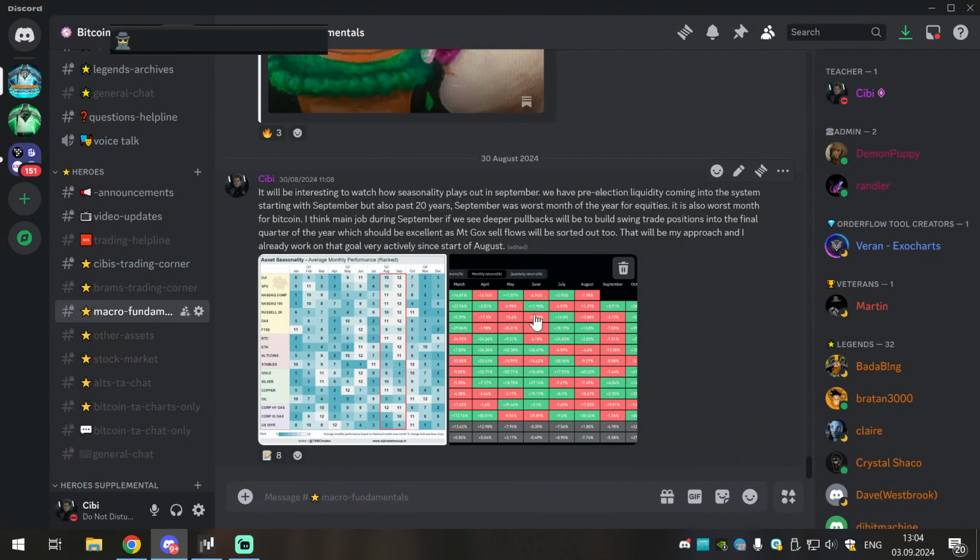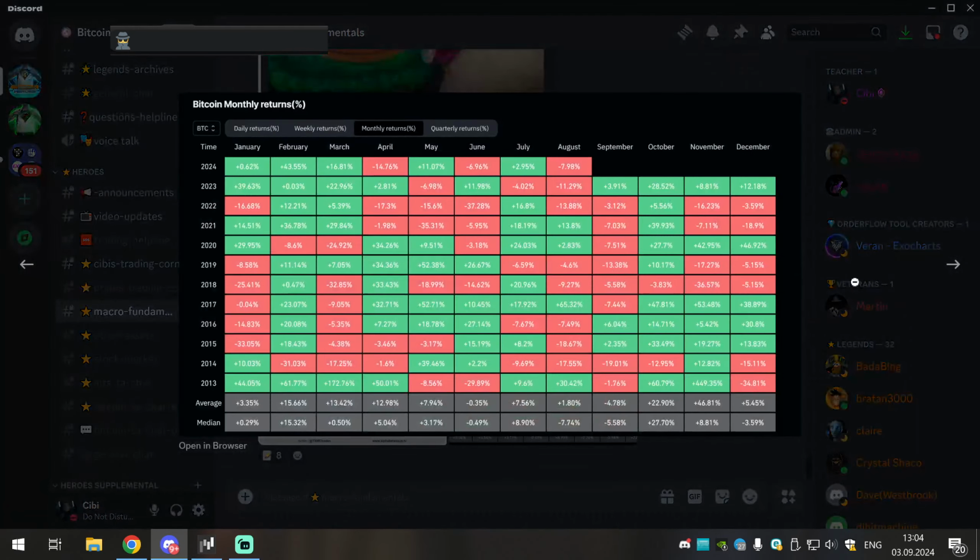Your job this month, as I said to our traders, is that if the market gives us a big pullback, you build a nice swing position so you can be properly positioned into October, November, and December, which are really great months. In bull markets, those months are really great. The market is outperforming well, especially October. Look at that, 2020, 2021, massive gains.